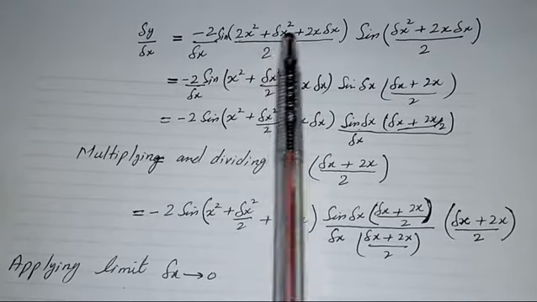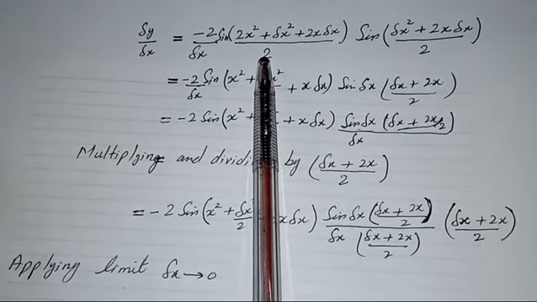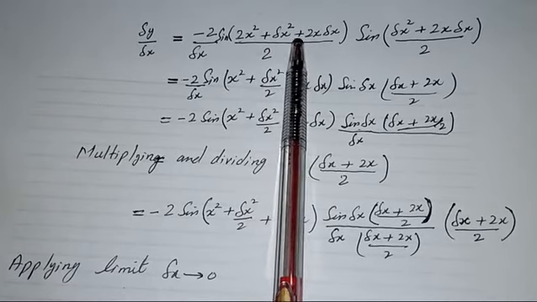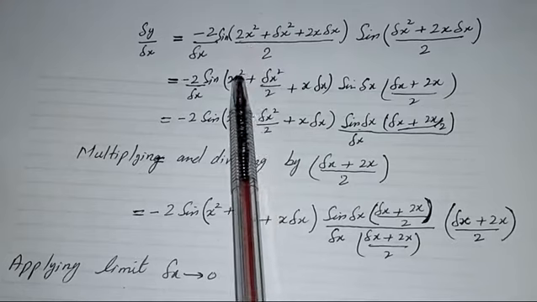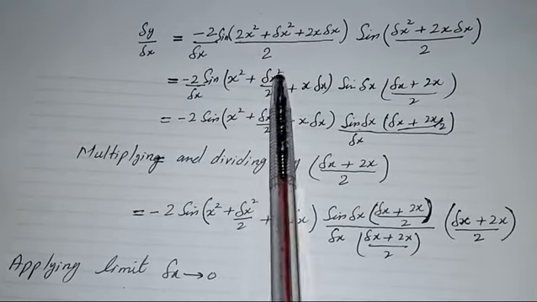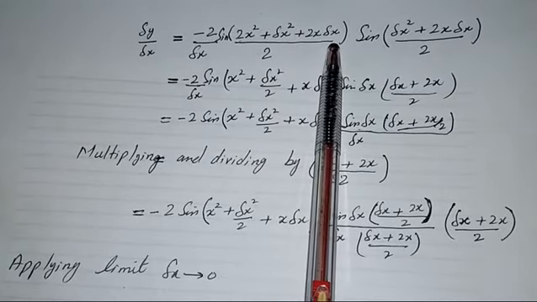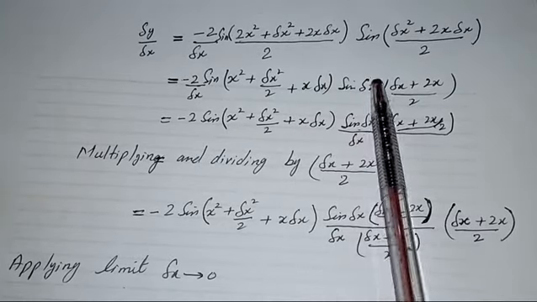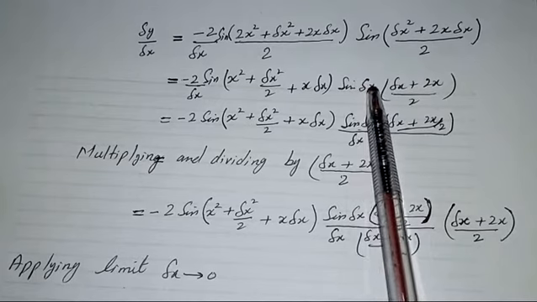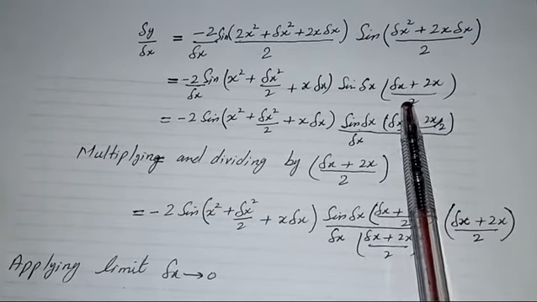Now I am writing 2 separately under all these terms, as all these terms are divided by 2. 2x square over 2 left behind x square, delta x square over 2 written as it is, 2x delta x over 2 cancel out, x delta x, sine, taken delta x common, sine delta x, left behind delta x plus 2x over 2.